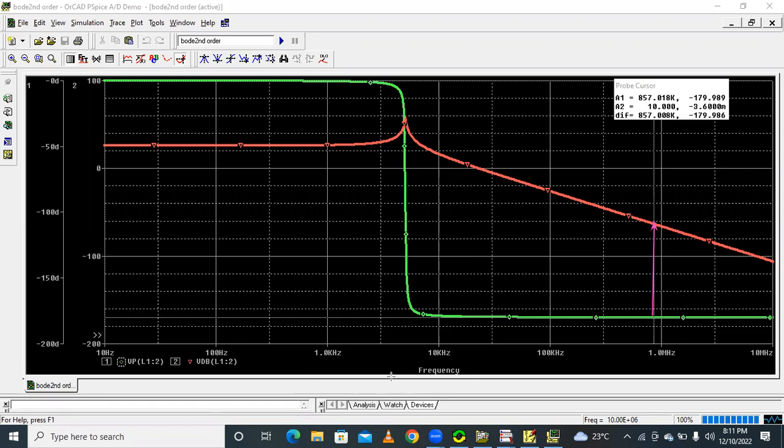Understood? So here, from the 0 dB line to this touching line, this distance is called the gain margin. The corresponding line is the 0 dB line.